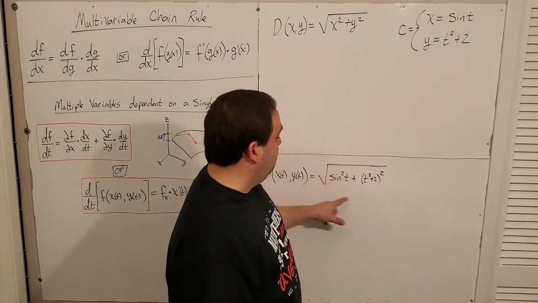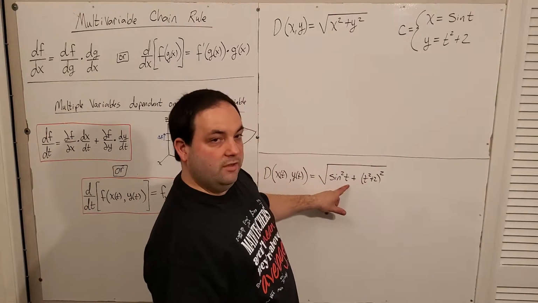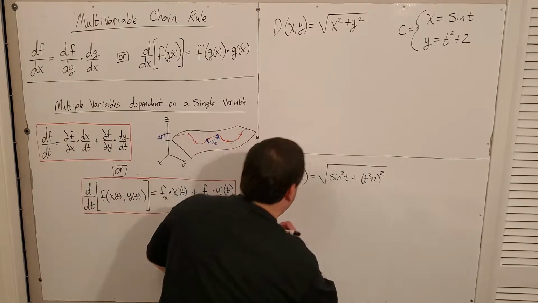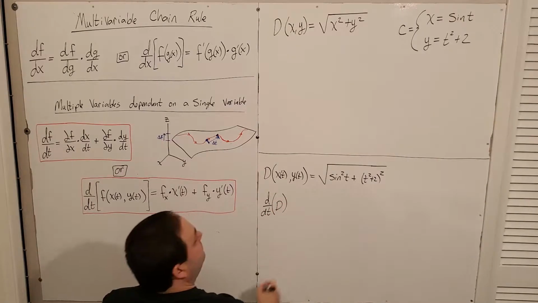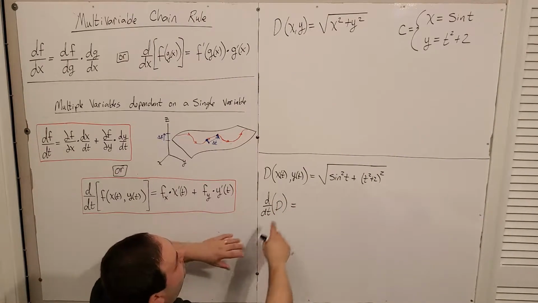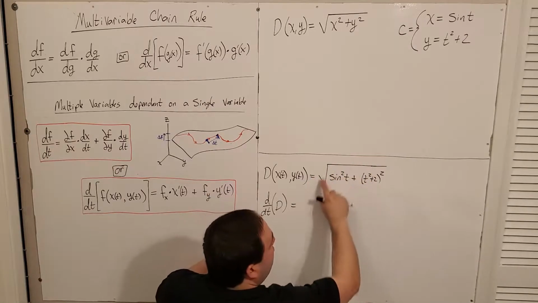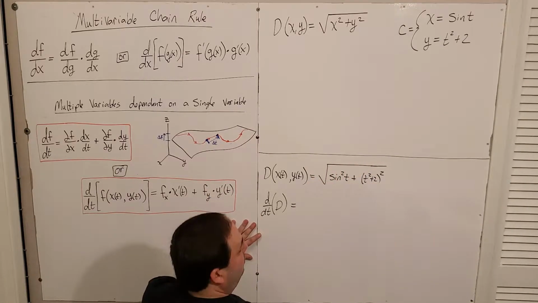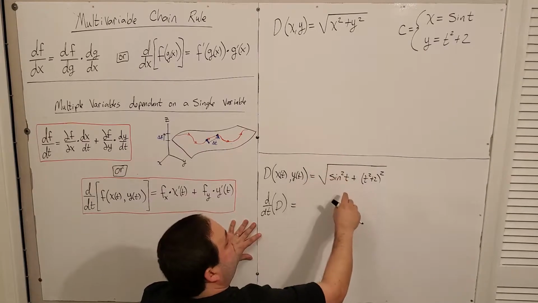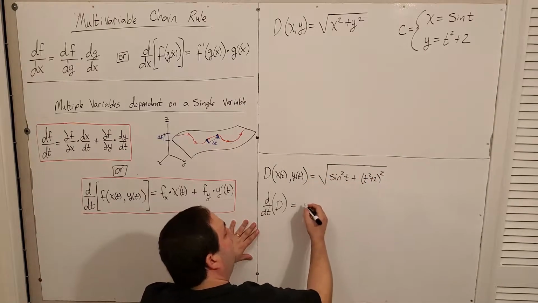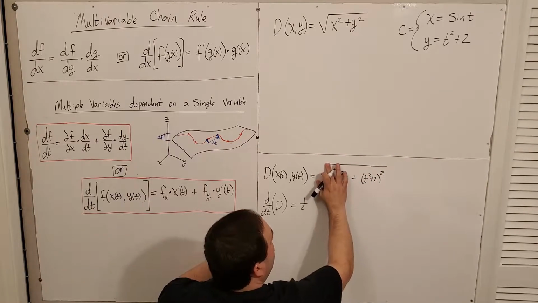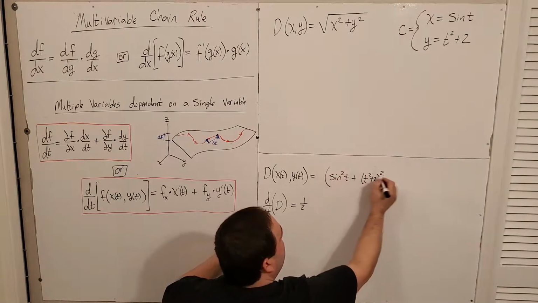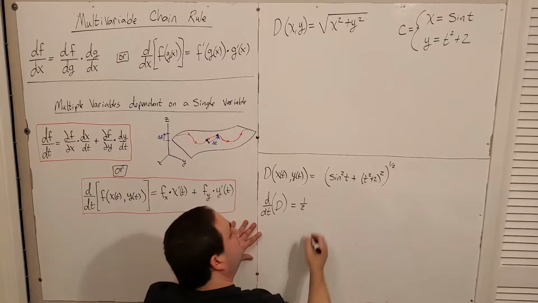I now have a function that is in one variable of t. And if I want to do the derivative with respect to t of D, right? Then I would just need to do the derivative of this. Okay? So let's go through all of the steps here. I would have to pull out the 1/2 from the square root. Let me go ahead and write it out for you. This is really to the 1/2 power, right?